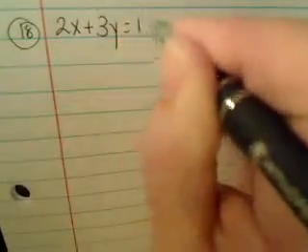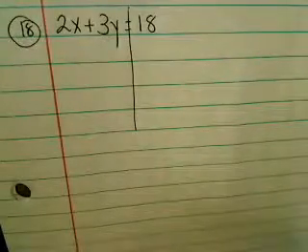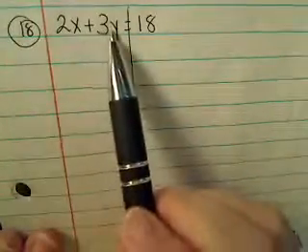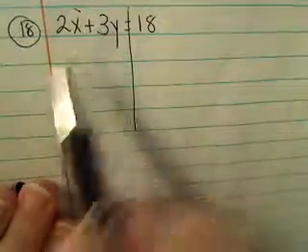Okay, let's look at problem 18. All right, 18 is 2x plus 3y equals 18. Once again, the whole point is to get that y by itself. So I'm going to do the inverse of adding or subtracting. So I'm going to move this positive 2x.